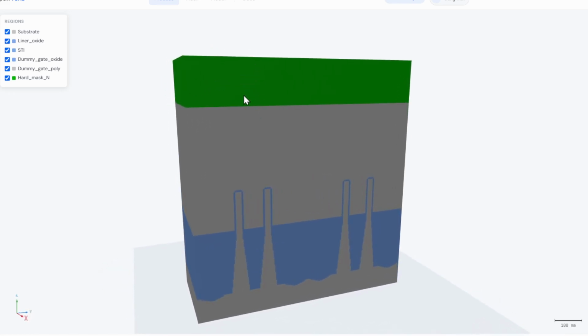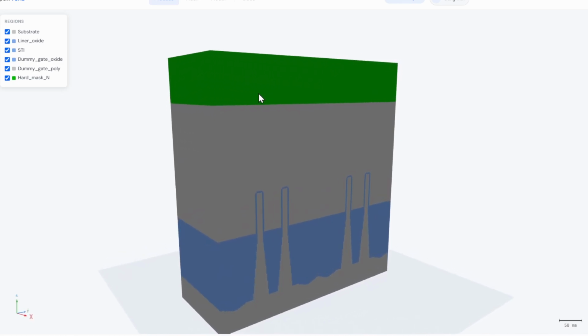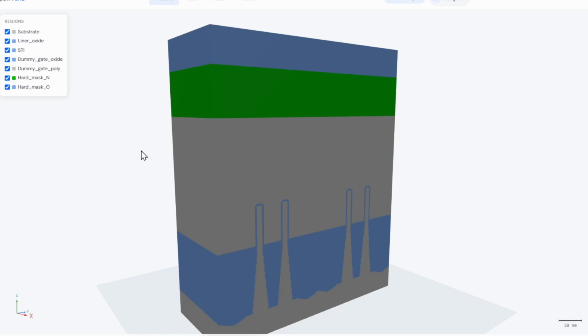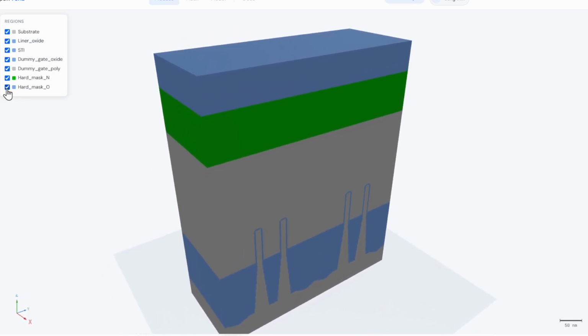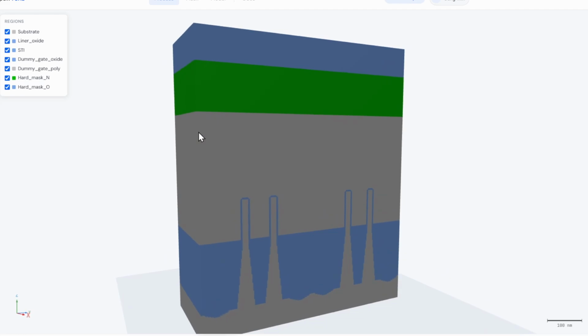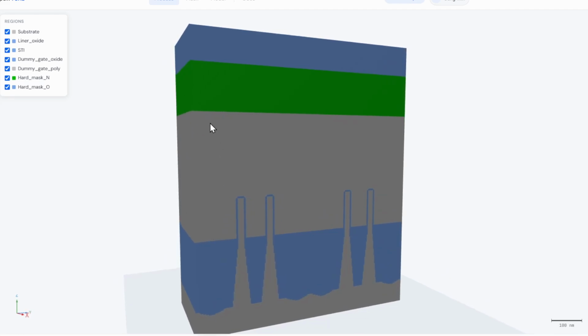We have deposited a 50 nanometer thick one here, and also deposited the second layer, oxide layer. Its thickness is said to be 35 nanometer. But anyway, now here we have a dummy gate and two layers of hard mask.